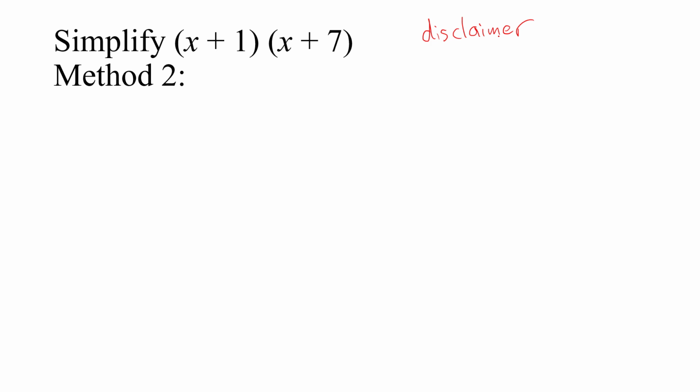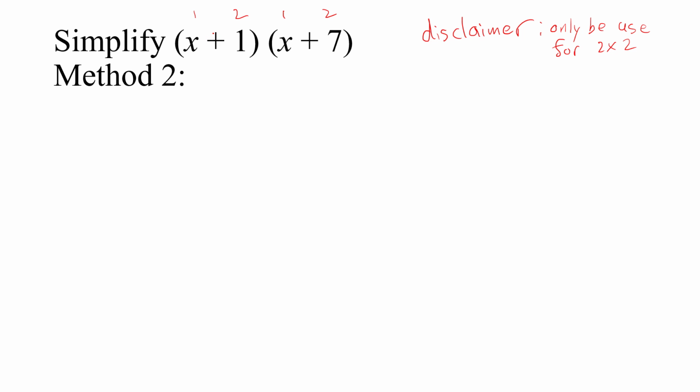As good as method 2 is, it is only feasible for this type of quadratic expression, whereby you multiply a 2 by 2 bracket: 1 term, 2 terms, 1 term, 2 terms. So it can only be used for 2 times 2.